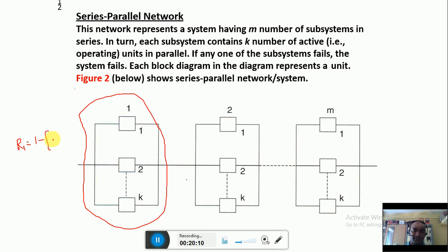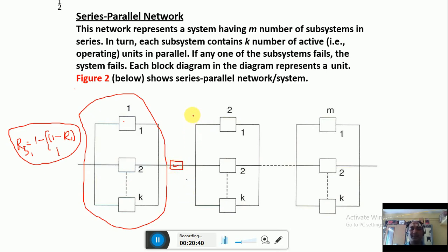So in bracket, 1 minus R1 into 1 minus R2 into 1 minus R3 into 1 minus RK. We'll call this RS1. Once you calculate this value, replace this system with a simple single box. In that box, whatever you get over here, RS1, you can put that value.